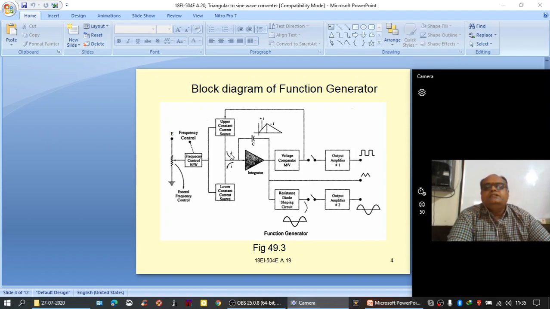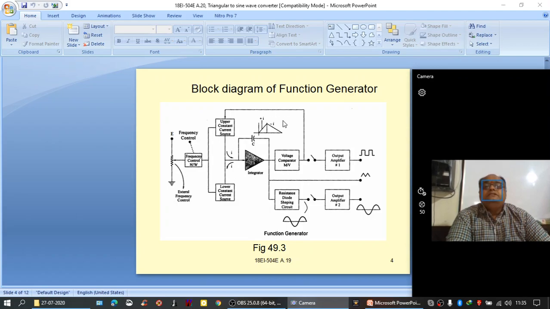During the period for which the positive current is supplied through the capacitor, the voltage on the capacitor will be a positive going ramp, and during the period when the negative current is supplied to the capacitor, the voltage on the capacitor is a negative going ramp.